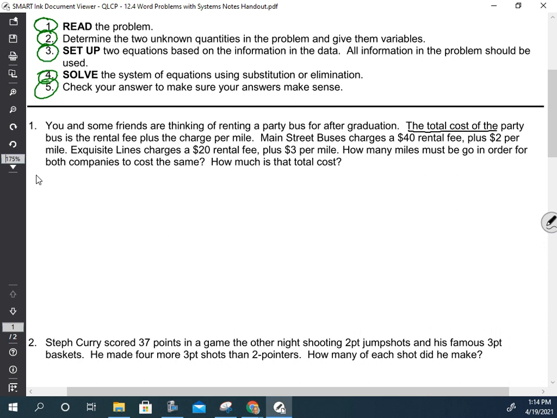So the total cost of the party bus is the rental fee plus the charge per mile. So that's one thing, key piece of information. Total equals the rental fee plus cost per mile.